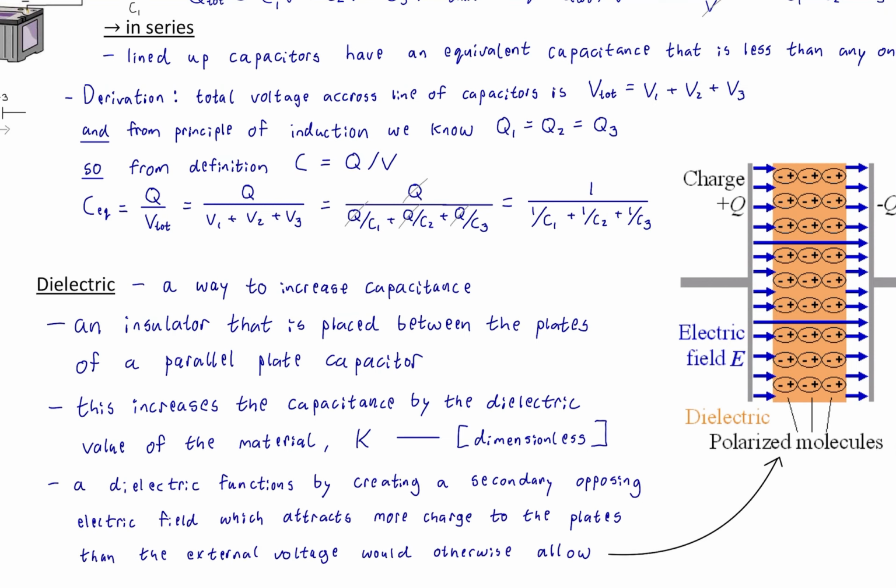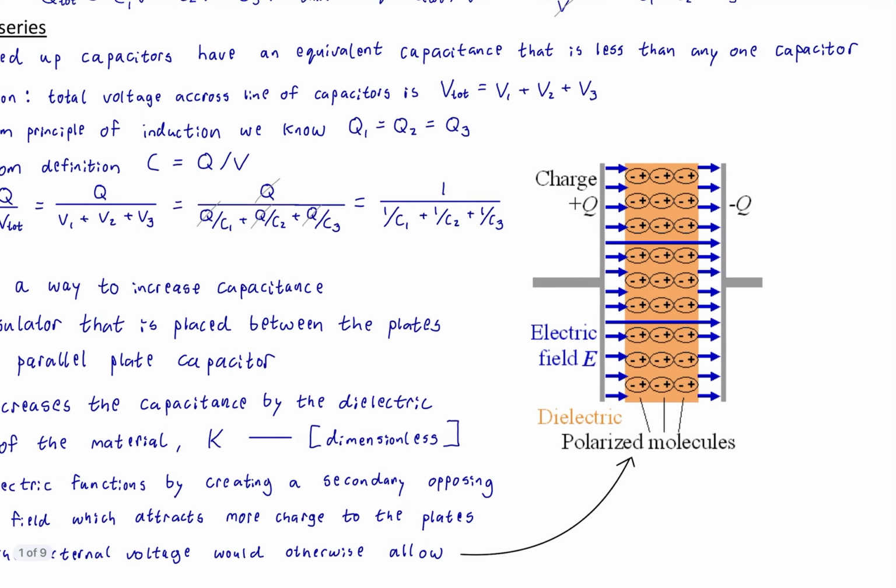Now, a dielectric functions, just as a quick overview, by creating a secondary opposing electric field, the polarization field, which attracts more charge to the plates than the external voltage would otherwise allow. So far we've defined capacitance as charge per voltage, but where does capacitance come from?